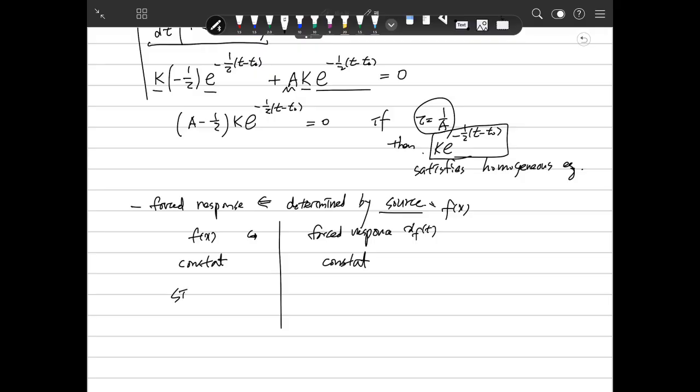If the source is sinusoidal, then the response will be sinusoidal. And if it is exponential, then the response will be exponential. Is it true? Yes, it's true. In the last part of this chapter, we will derive why this is justified.